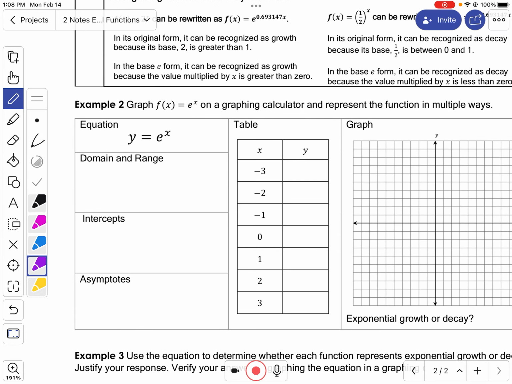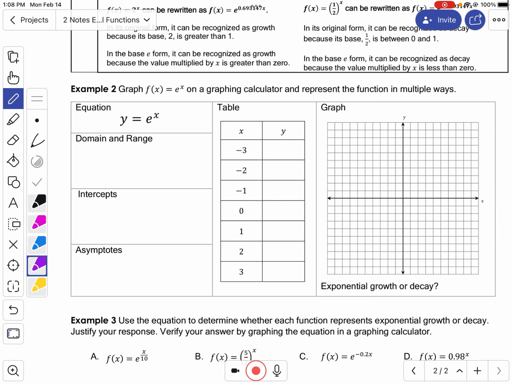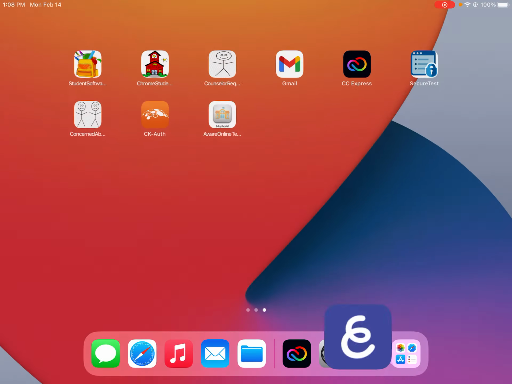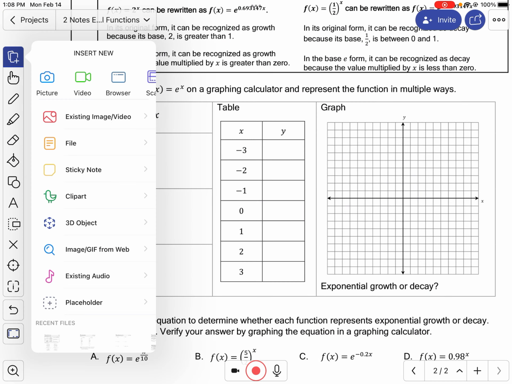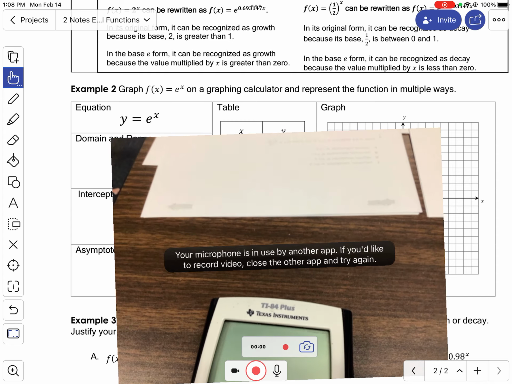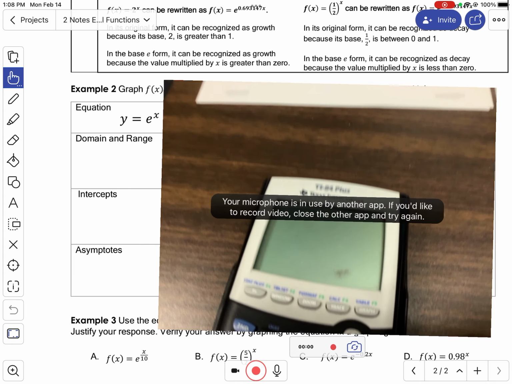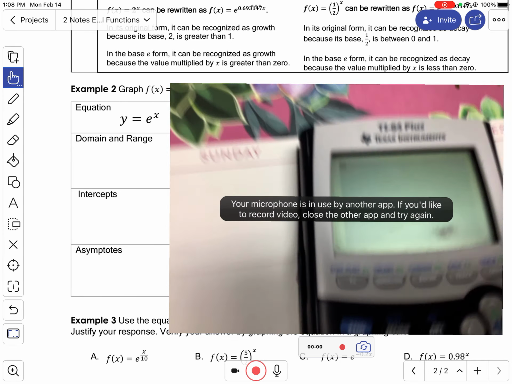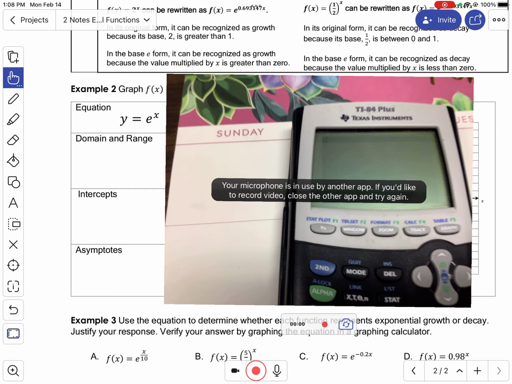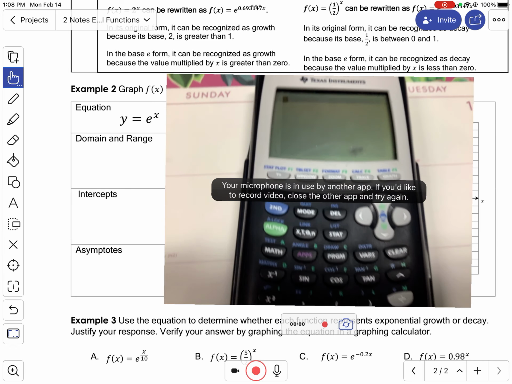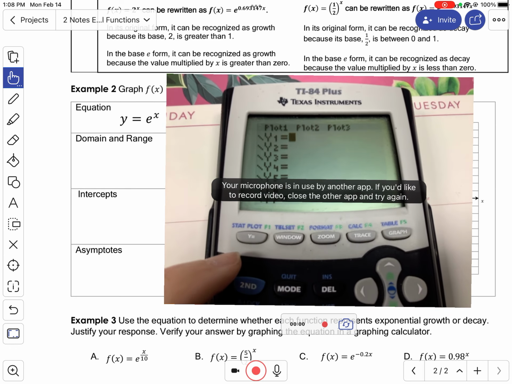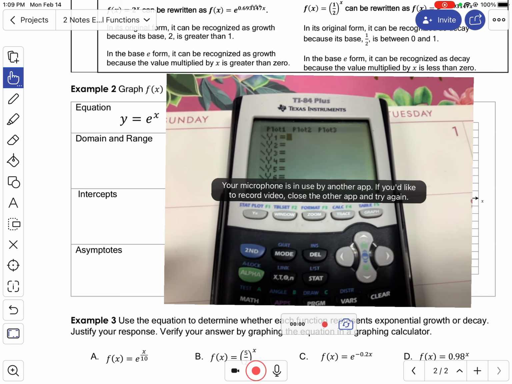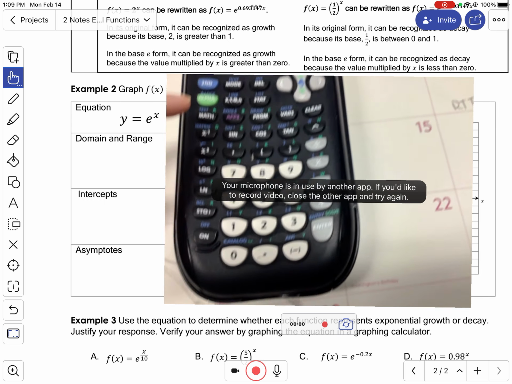Okay, so we're going to graph using a graphing calculator, and then we're going to represent the function in multiple ways. So I'm going to graph this. I'm going to go to y equals, and then I'm going to type in E. So the E button, there's two of them.